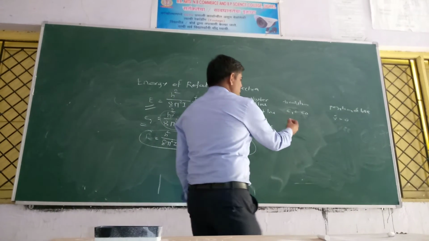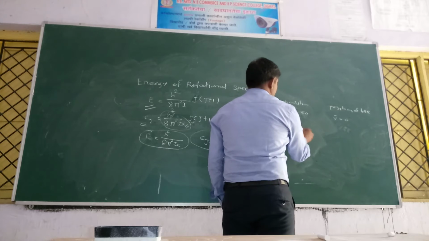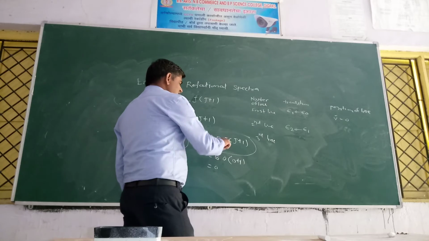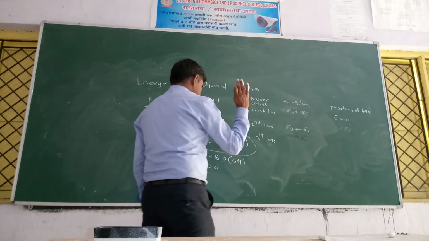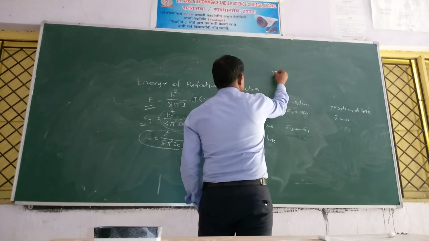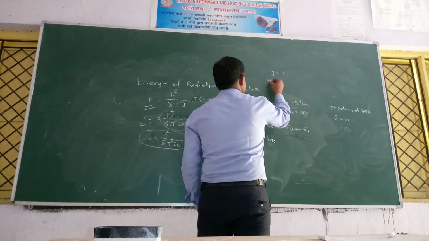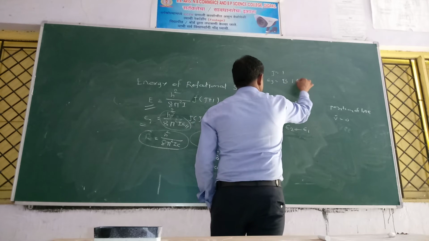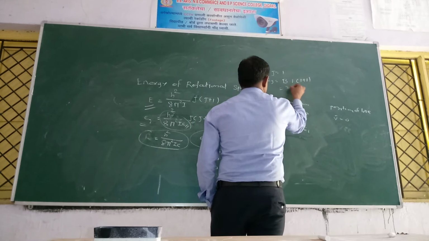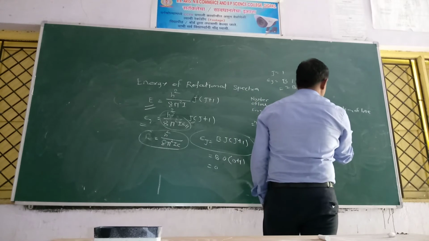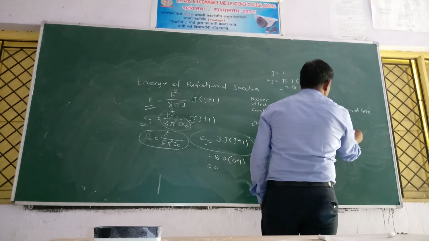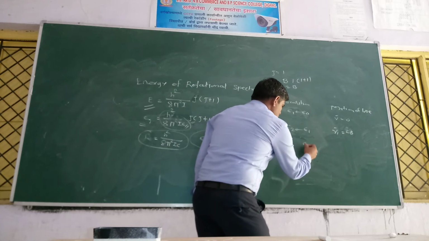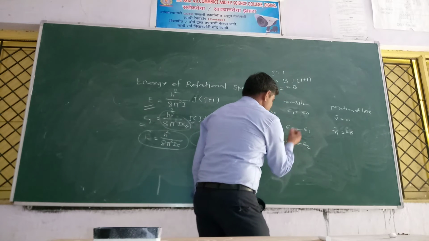Second transition, epsilon 1 to epsilon 2. In this transition, putting J is equal to 1, epsilon J is equal to B times 1 times 1 plus 1, which means twice B. Mu 1 bar is equal to twice B. Then the next transition, epsilon 2 to epsilon 3.